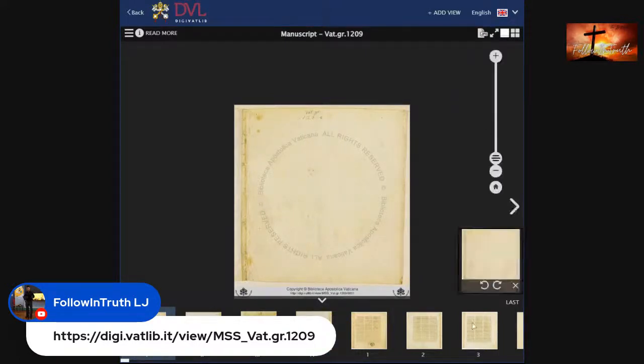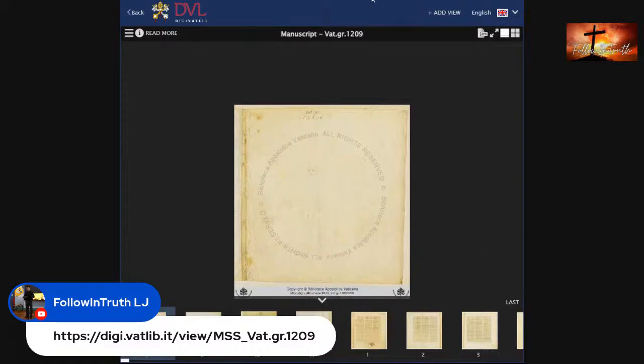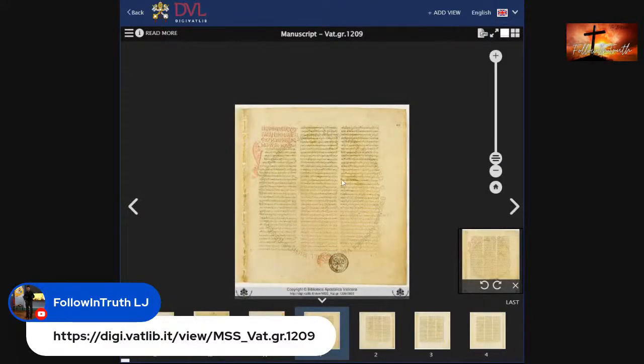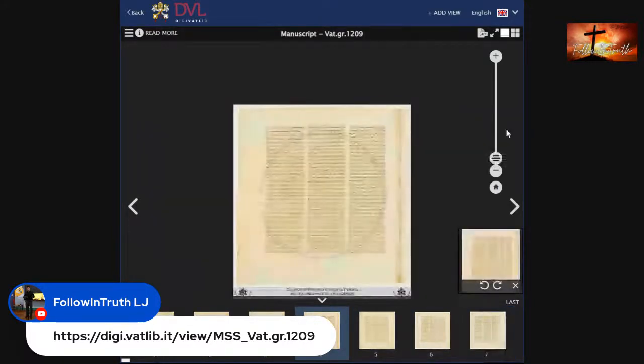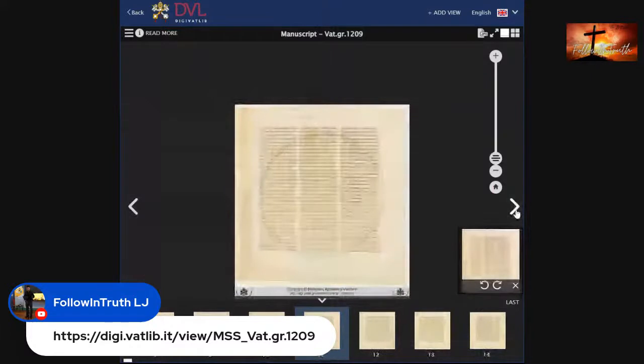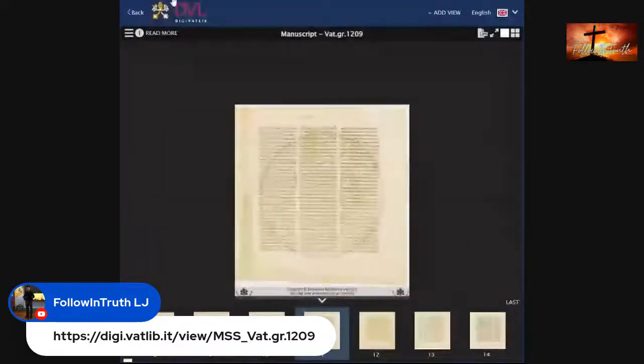There you go. So this is the Vaticanus website, and down the bottom you can read the pages, and you can scroll along and flip through. It's not as easy to navigate as the Sinaiticus page.